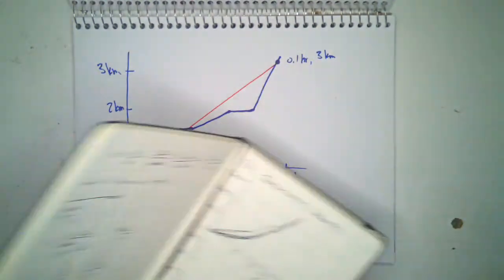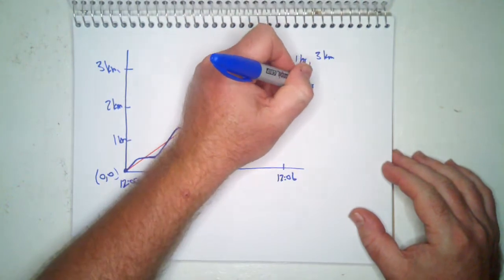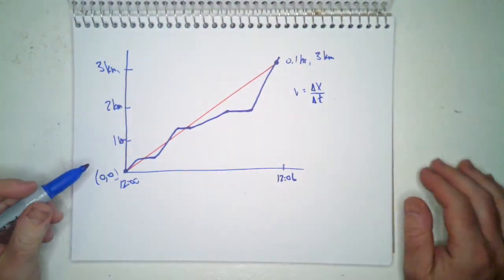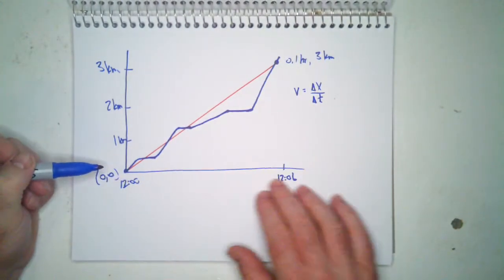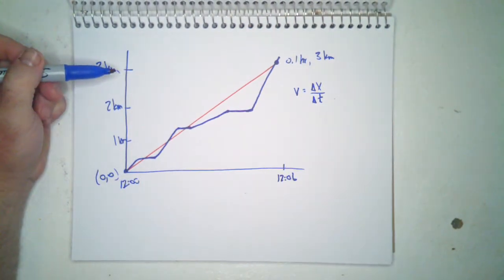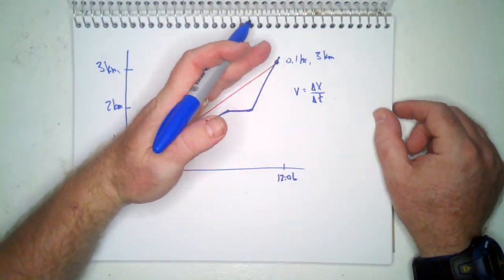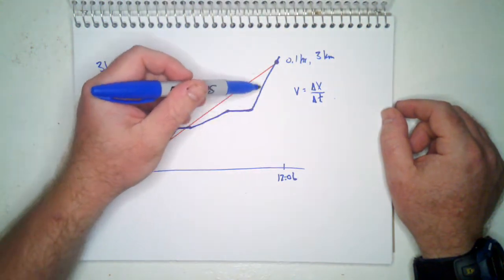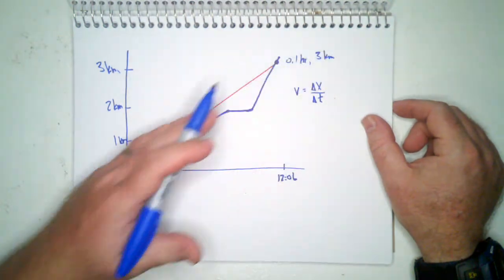Now you can see here that when we take velocity equals delta x over delta t, t is on the x-axis, the change in displacement is on the y-axis. So this is just like calculating a slope. So the higher your average velocity, the steeper your slope becomes. And we can see that on our trip, we were moving at different velocities. So this is our average velocity from place to place.